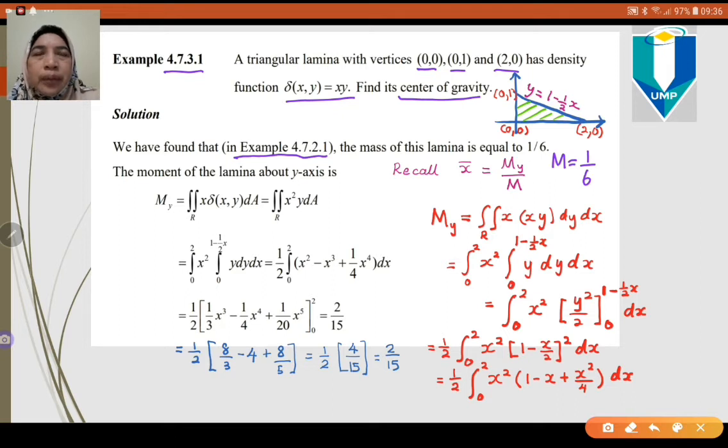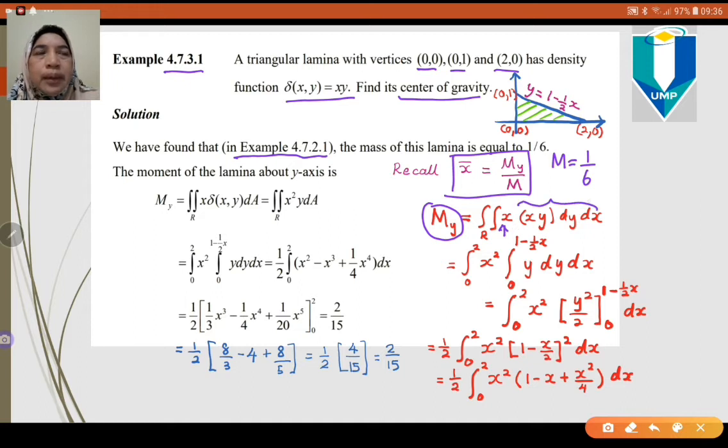So center of gravity x bar is defined by moment about the y-axis divided by the mass. Now we know the formula for moment about the y-axis is the double integration of the distance from the y-axis, which is the x value, and the mass.